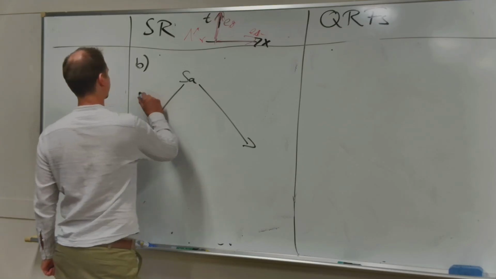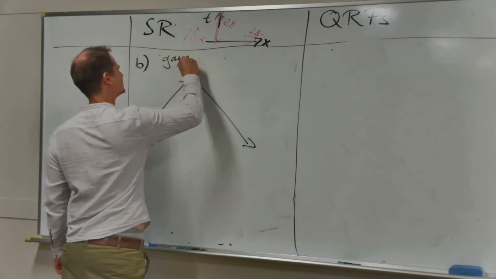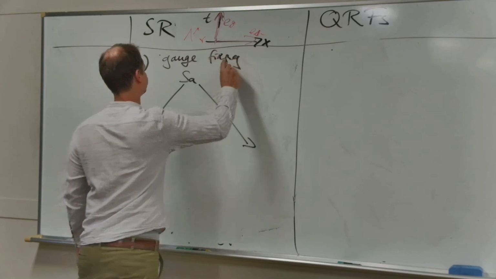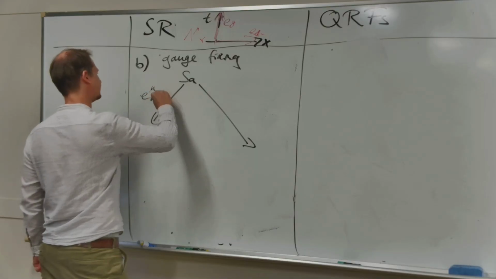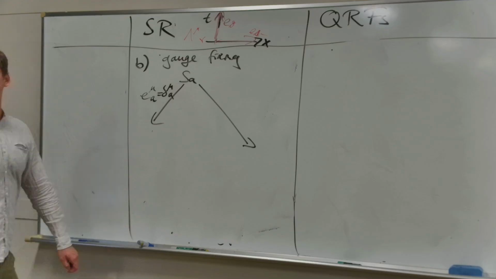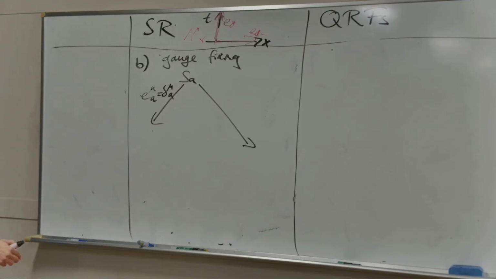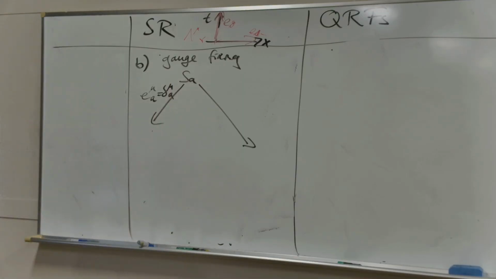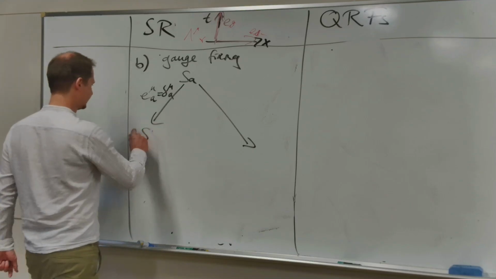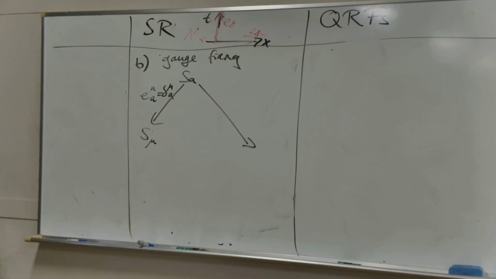So this is gauge fixing. Here I'm going to set E mu A to be delta mu A, so that's the same gauge fixing as before. And because S A was already dressed with respect to the same frame, here I will just get basically S mu. So that was the thing that we did before.